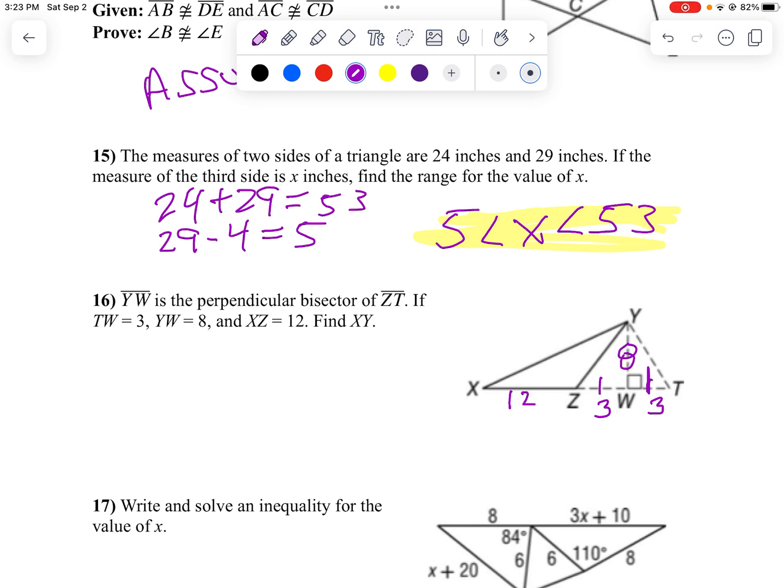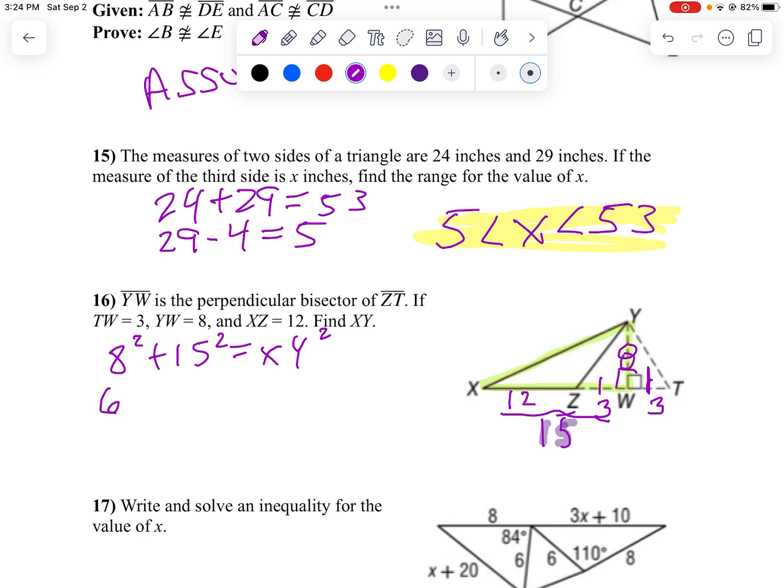Now, if we trace that triangle that we're looking for that side, I've got a right triangle here. And so I can use my Pythagorean theorem. I know X to W is 15. Since I've got a right angle at W, I know 8 squared plus 15 squared equals XY squared.